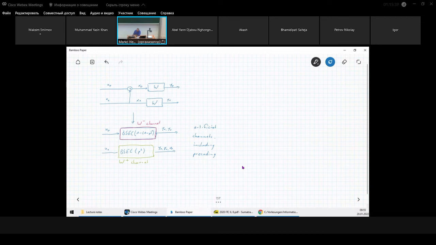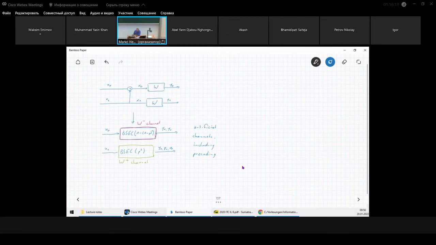If I look at this first physical channel here, from my observation y0, I want to estimate x0. This is my task when I think about decoding: how to get from the output the value of the input. And here it's the same. If we look at our first artificial channel, we used y0 and y1 to determine the value of u0. Observations, which I refer to as channel outputs, are y0 and y1, and I use them to determine u0.